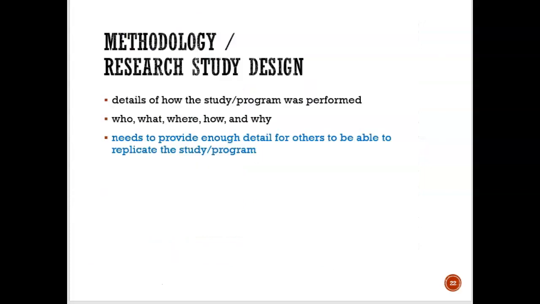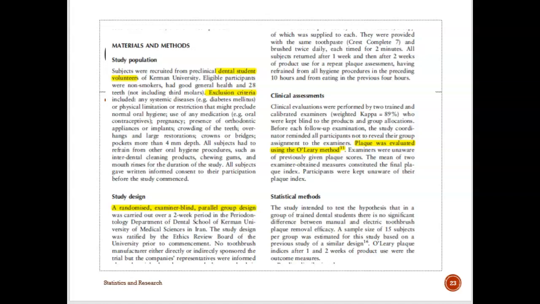The methodology is very important because the methodology tells us what they did. What's really important is that when we read the materials and methods section, it has to be very, very detailed. It has to be so detailed that if I wanted to do that study myself, I could easily replicate it just by reading this.